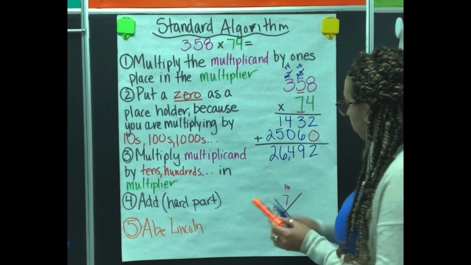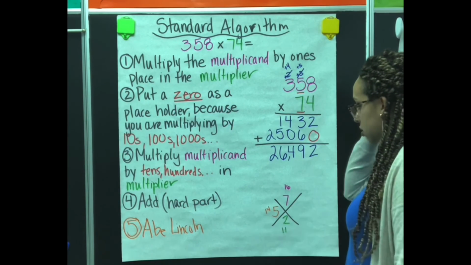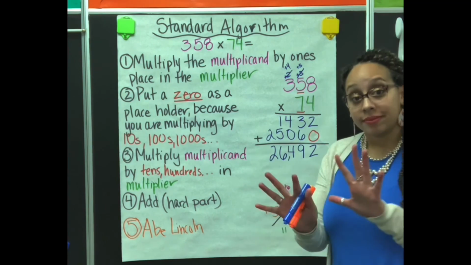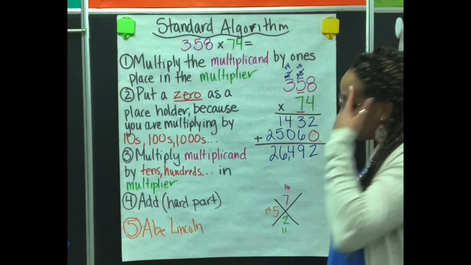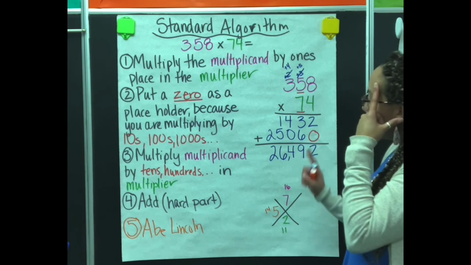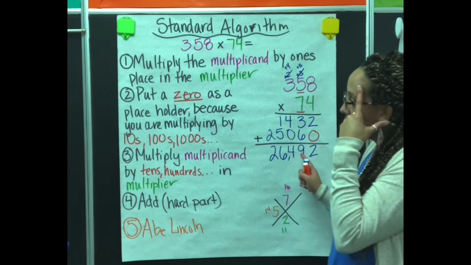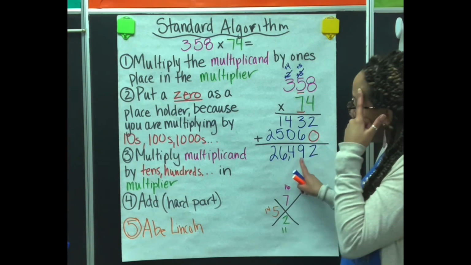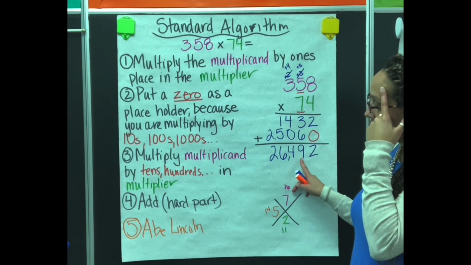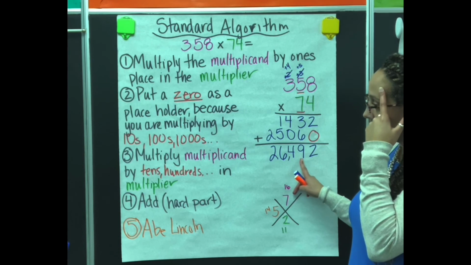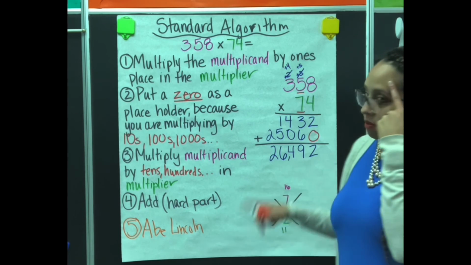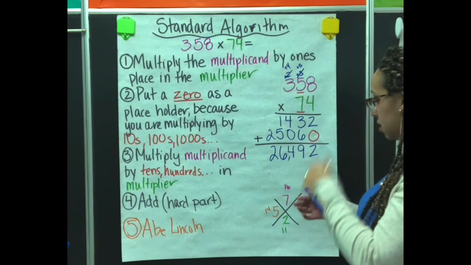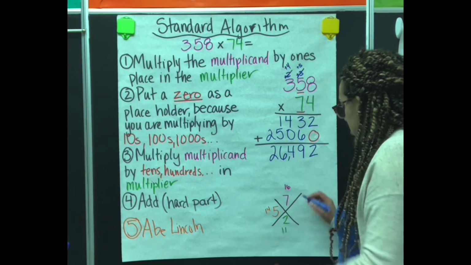Now we're going to add our product. So we are going to go 6 plus 4 is 10, and we're going to hold it. And then we're going to go 2 plus 2 is 4, plus 9 is 13, plus 10 is 23.